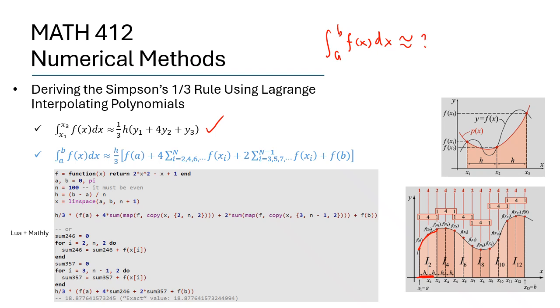You get a value there, and then over the next 2 consecutive subintervals, you use its corresponding quadratic function, the Lagrange interpolating function. You get another value, and then the next. So we find their sum. That formula is the composite formula. Can we get that? Yes, we can.